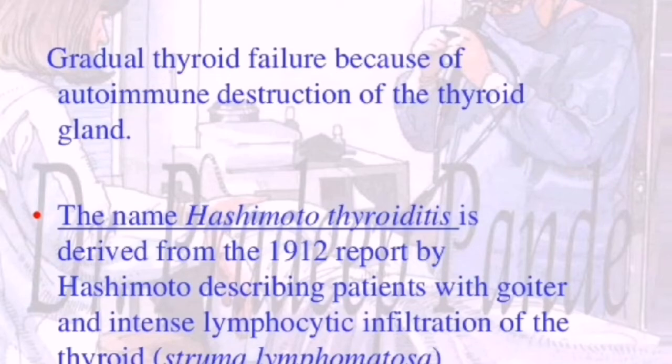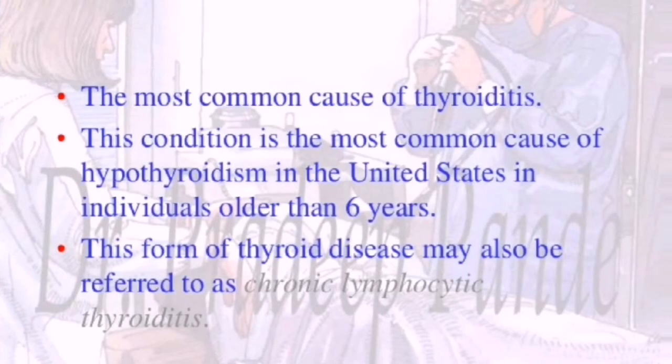The name Hashimoto's thyroiditis is derived from a 1912 report by Hashimoto describing patients with goiter and intense lymphocytic infiltration of the thyroid, or struma lymphomatosa. The most common cause of thyroiditis is Hashimoto's thyroiditis.